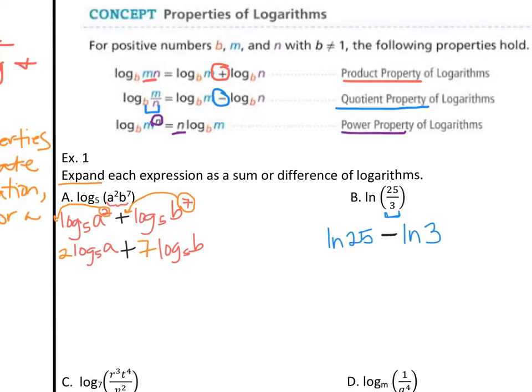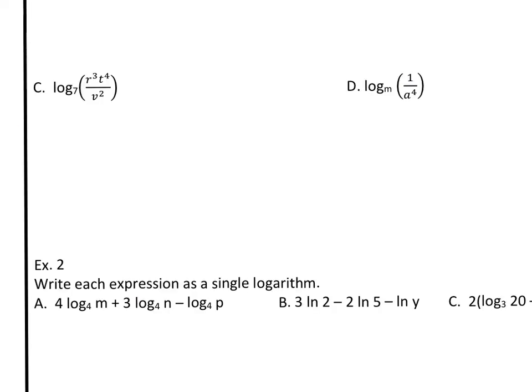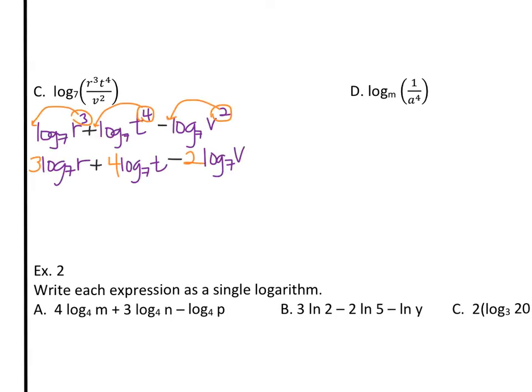Recognizing that if it's ln, we know that ln is base e, therefore we don't have to write that out. From there, that's as far as we can go. See if you can try example C. Log base 7 of r cubed times t to the 4th divided by v squared. Separate that into an expansion of the sum and difference of logarithms. Then press play and we'll see how you did.